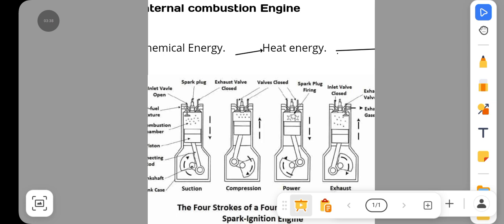That is isentropic heat addition. When it is added, there is compression of the gas.